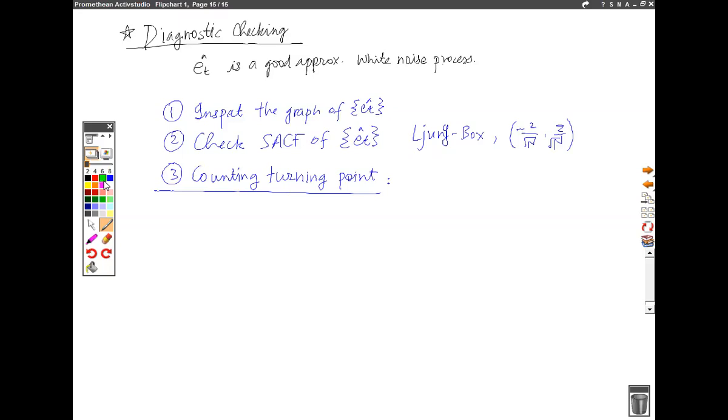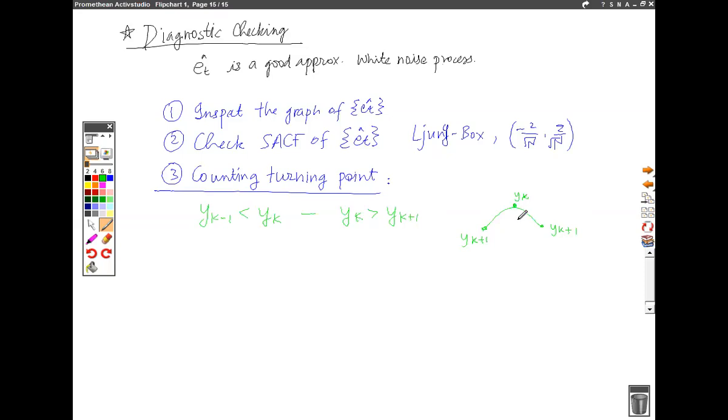So in terms of mathematics, you can write it as if my value at k minus 1 was lower than my value at k, but now my value at k is higher than my value at k plus 1. So what I am looking at here is that my y k plus 1 is here, and my y k was somewhere there, and now my y k plus 1 is again somewhere here. So this is my turning point right here.